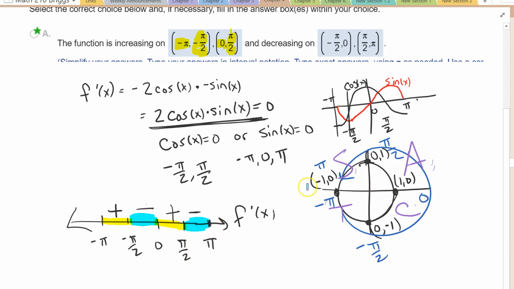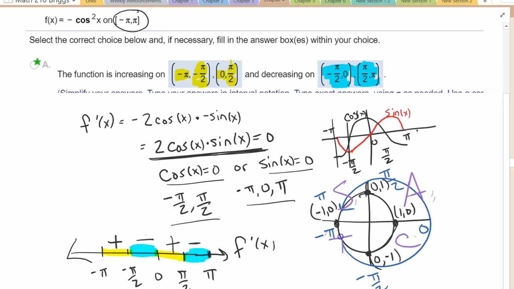And that's where these come from. You have to solve where cosine equals 0 and sine equals 0. So you end up with these critical points, and then you have to test the value within these critical points. Hopefully this clears up any questions you have on the trig that goes on here. If you have any other questions, let me know.